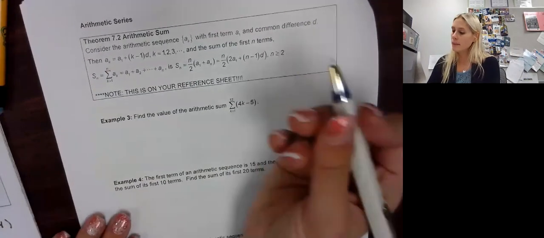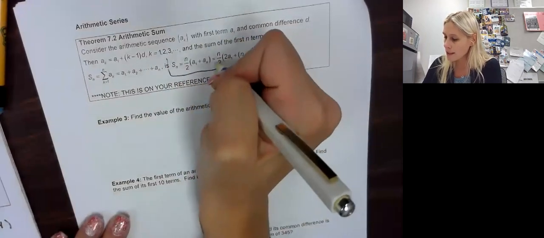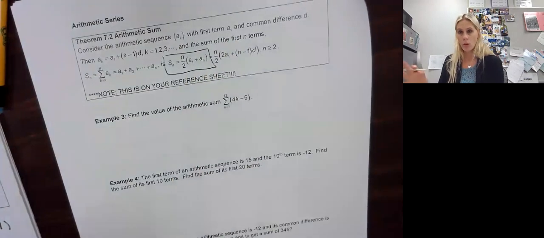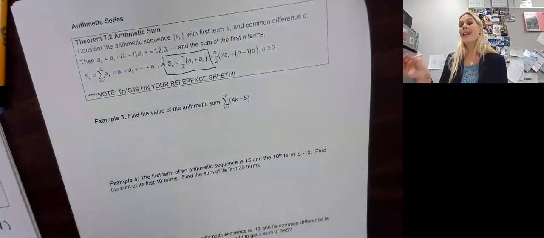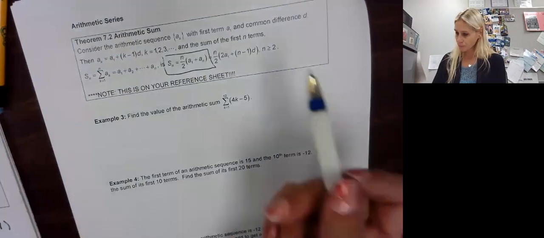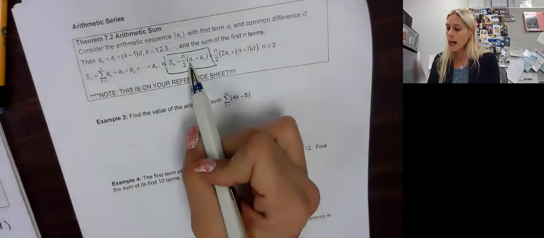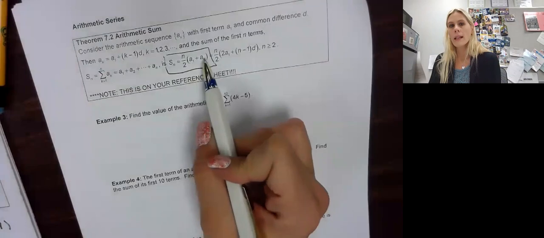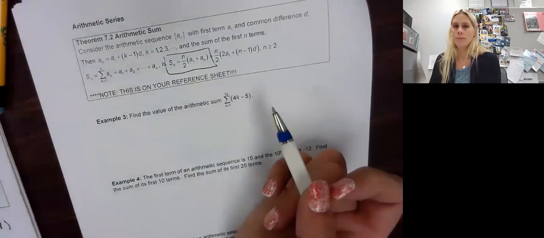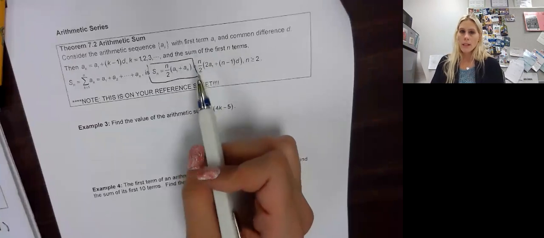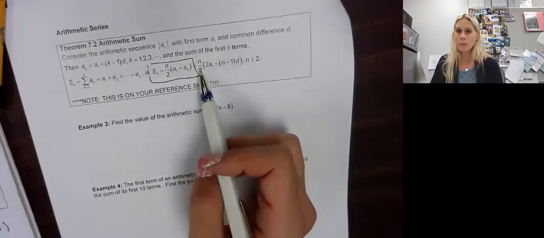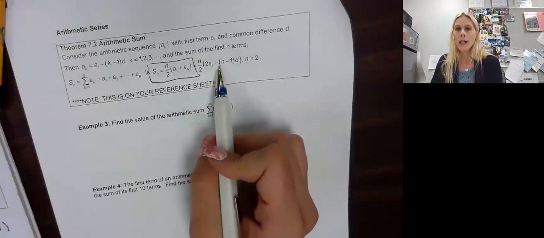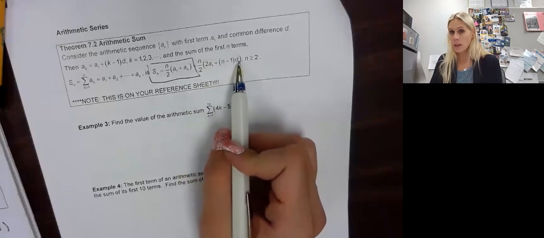We find that you can find the summation by saying n divided by 2, where n is the number of terms, times the value of the first term plus the value of the last term. The other way we could do this is if you had your number of terms divided by 2 times 2 times the first term plus, and again, n minus 1 times d.